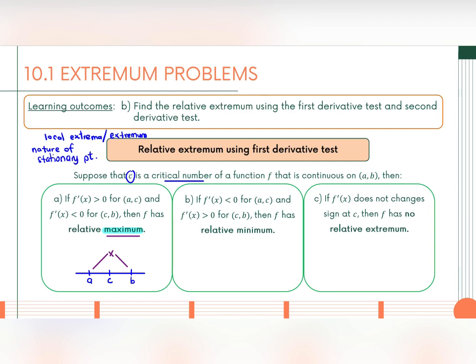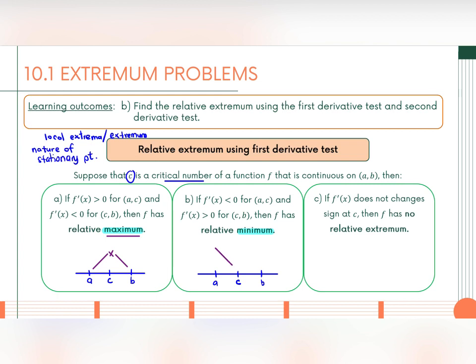Okay, so itu adalah ayat-ayat yang kita akan gunakan lah. Okay, kalau dia minimum, kita akan dapat bentuk ini. So, let's say this is our number line. Masih lagi sama, A dan sini adalah B dan di tengah-tengah dia adalah critical point C. So, antara A dan C kita dapat less than 0. Dia condong macam ni.